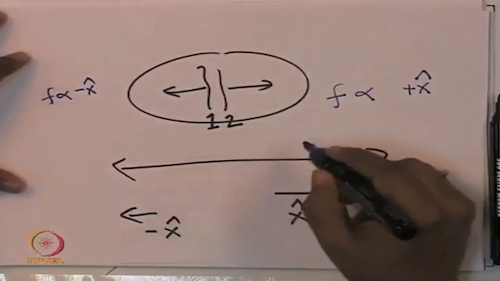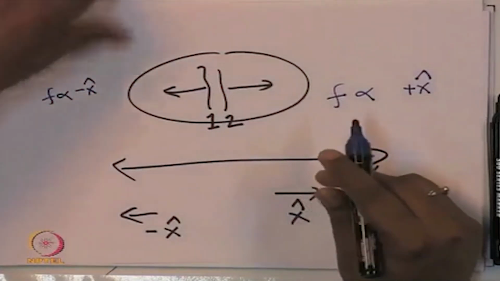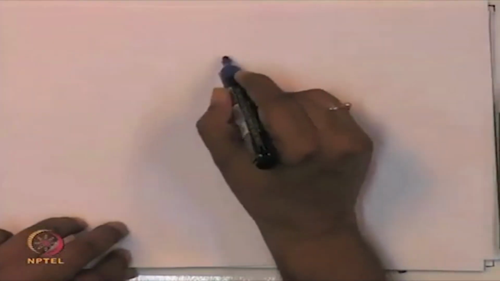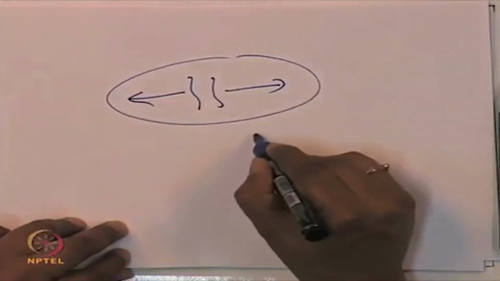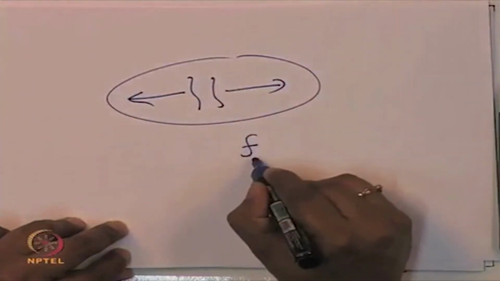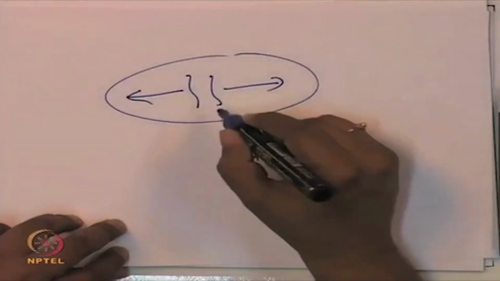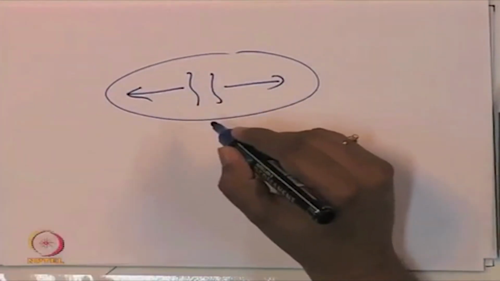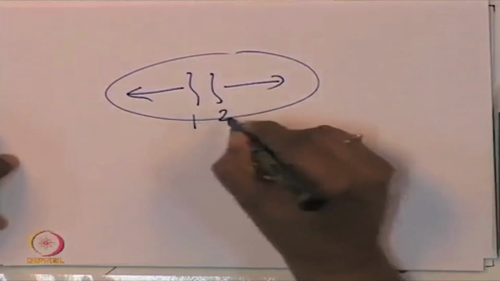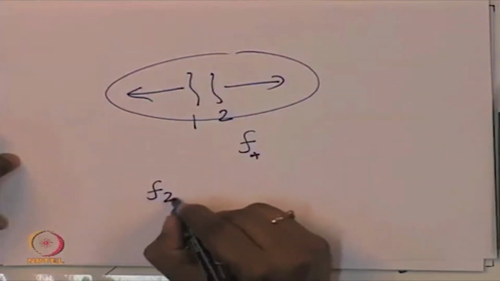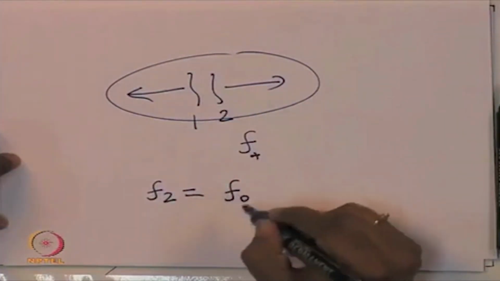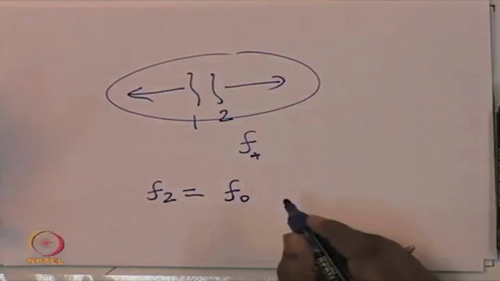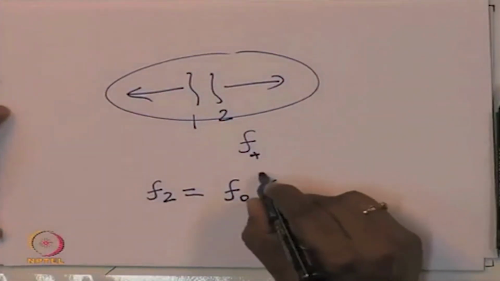So, the force along this direction has to be plus x. So, let's think of it. We call these chromosomes 1 and 2. The force on chromosome 2, which is the force on this chromosome, is some F 0, which is a constant, we can assume as a constant, times x cap.